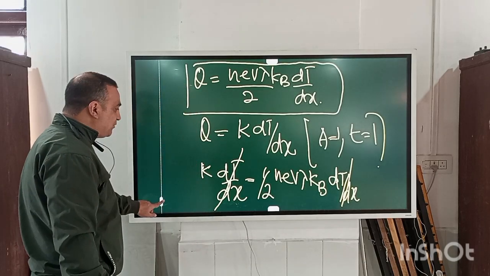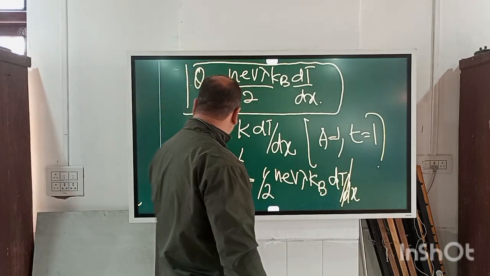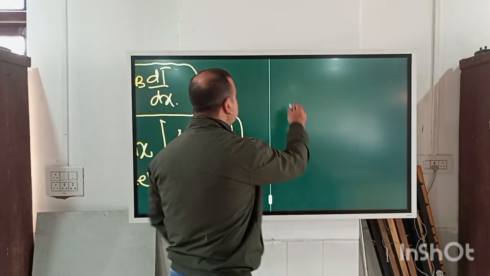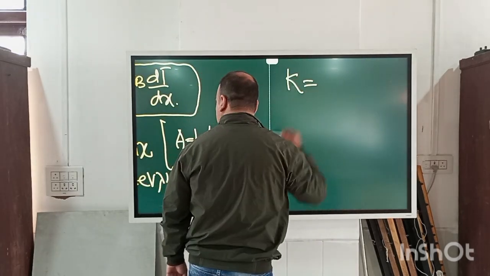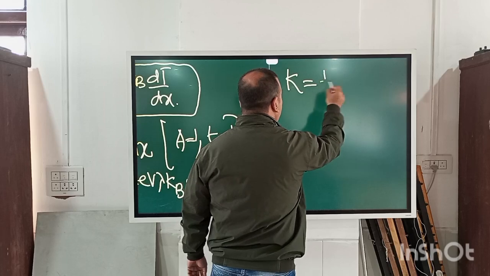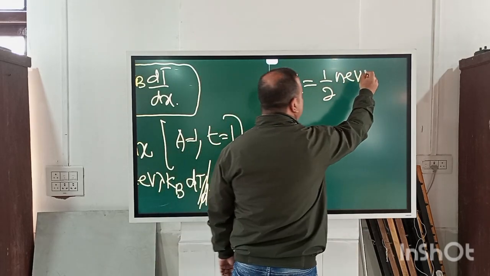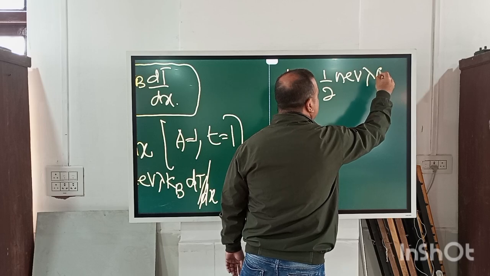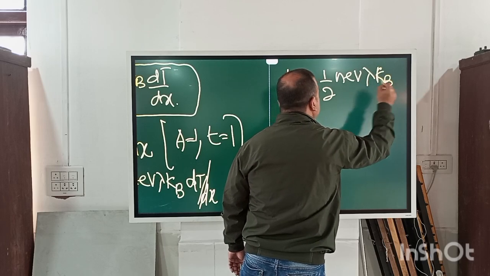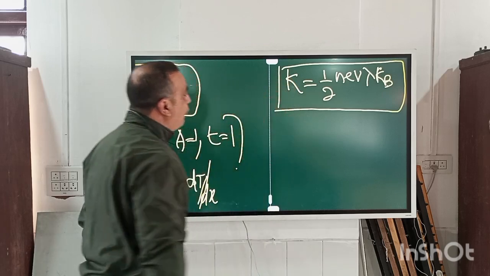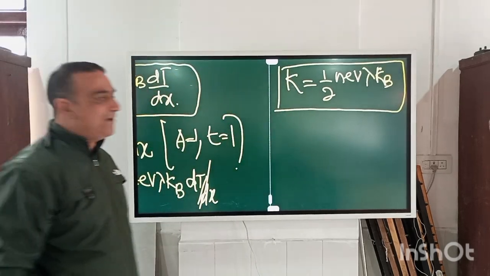So we are getting an expression for thermal conductivity, and that expression is K equals, where K is our thermal conductivity, 1 by 2 NeV lambda kB. This is our K, and we have already calculated sigma.